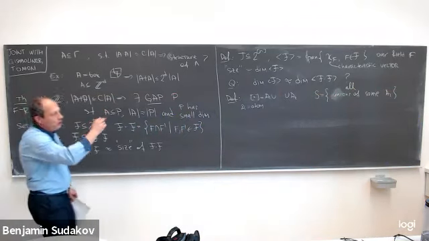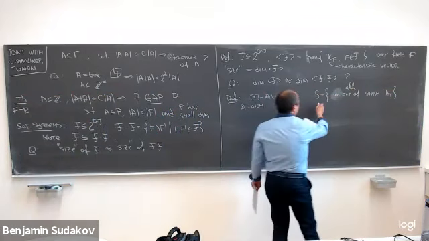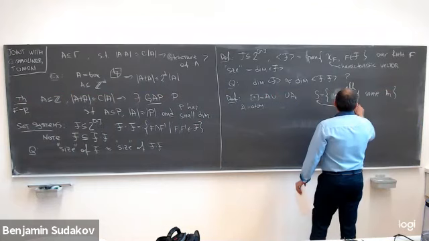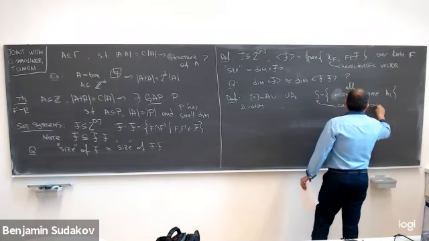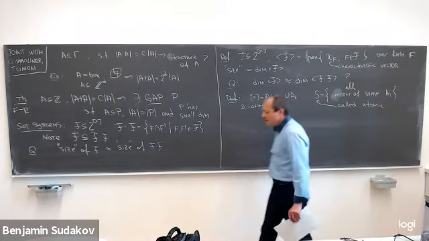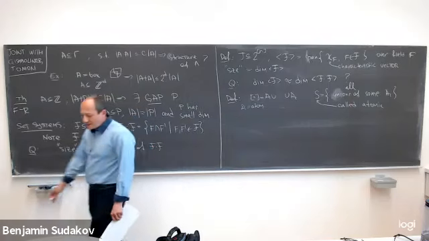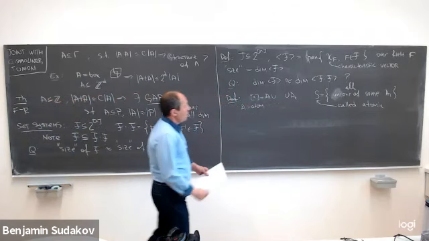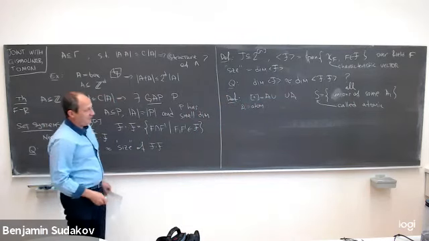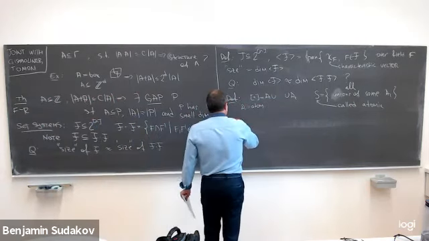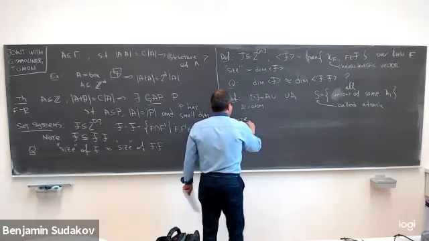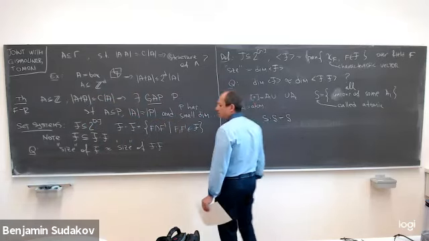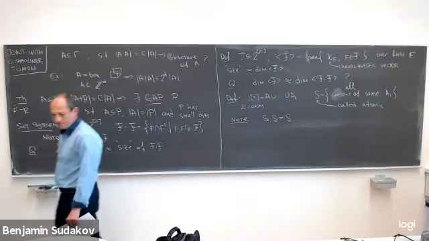So I call such an S atomic. Again, I partition my ground set, and then my sets are only unions of these subsets. Now, obviously, if you have such a family S, note that S times S is just equal to S. You don't have growth at all.